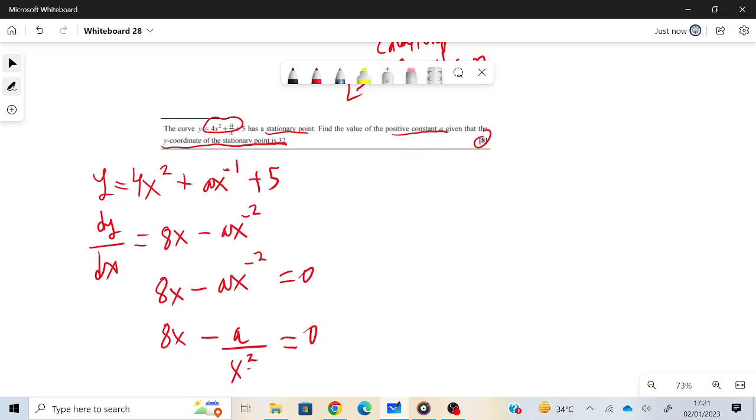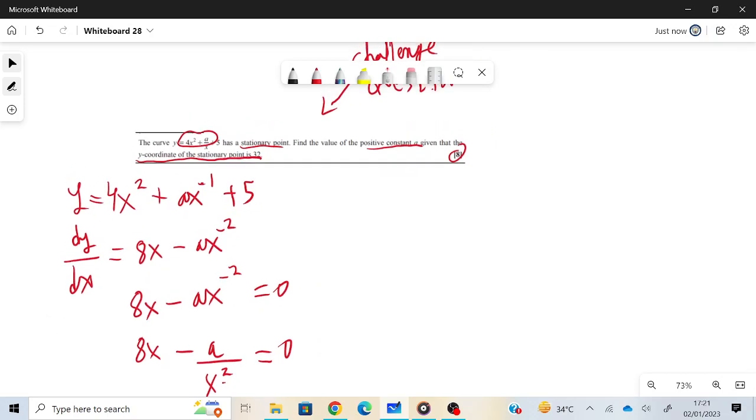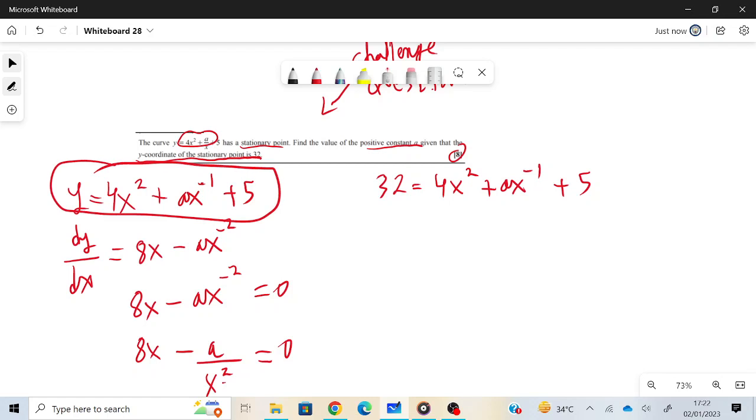So I can say that 32, because that's our y, is equal to 4x squared plus ax to the power of minus 1 plus 5. Because it said that the y coordinate is 32, that means when I put my stationary point x value over here, this would give me 32. And because we don't know our x, they've given us our y, because we need to know at least one thing. That's why our y is 32 here.